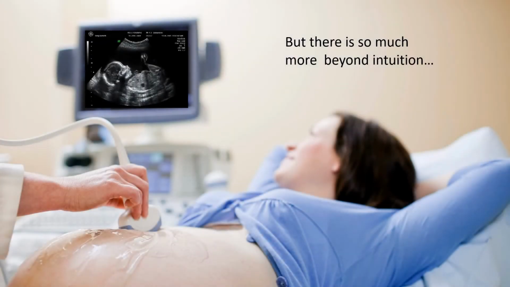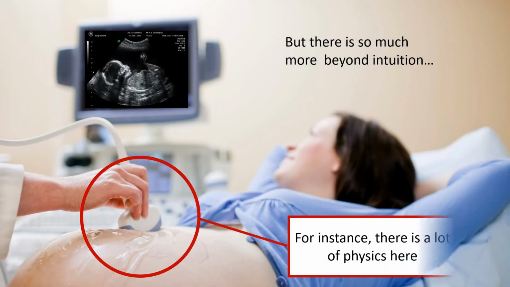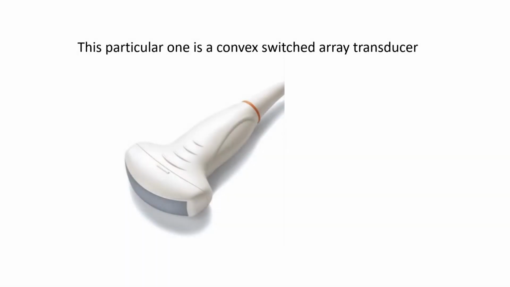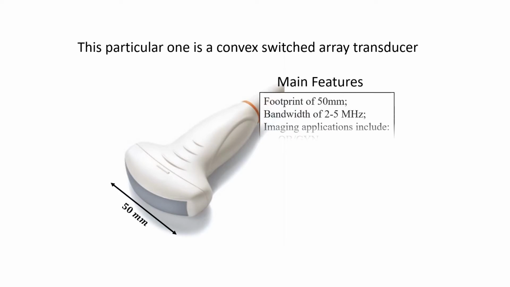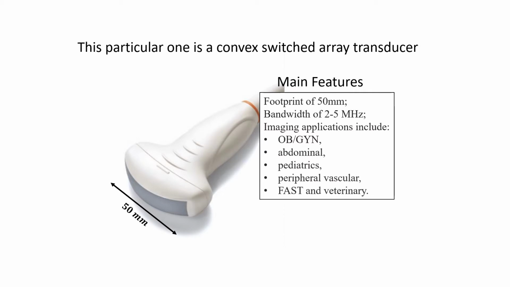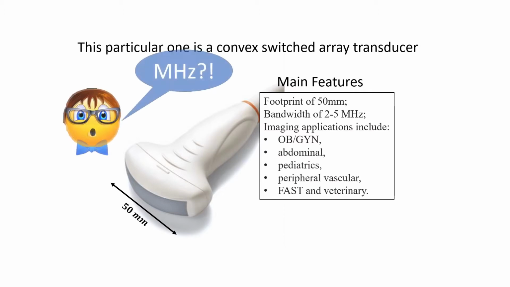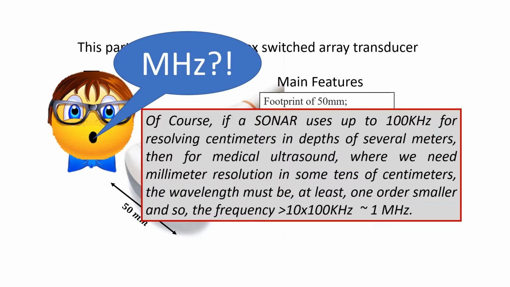But there's so much beyond intuition. For instance, there's a lot of physics here. This particular one is a convex switch array transducer. Main features: footprint of 50 millimeters, bandwidth 2 to 5 megahertz. Applications include obstetrics. Megahertz? Of course.